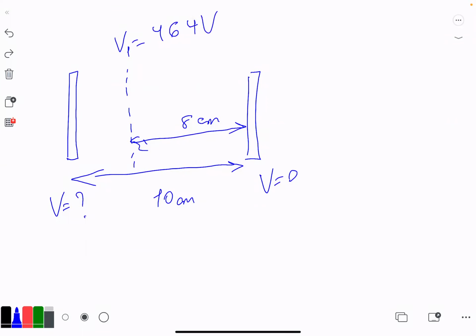You have to find the electric field. The electric field here is the same, constant, okay? Same value, all of them are equal, whatever point you take. So how can you calculate it?